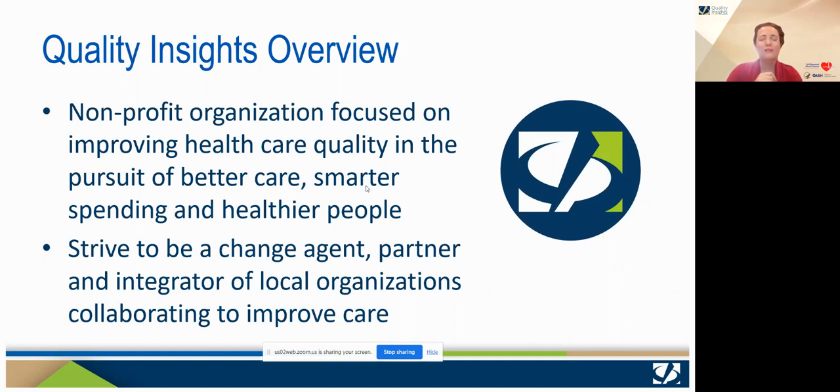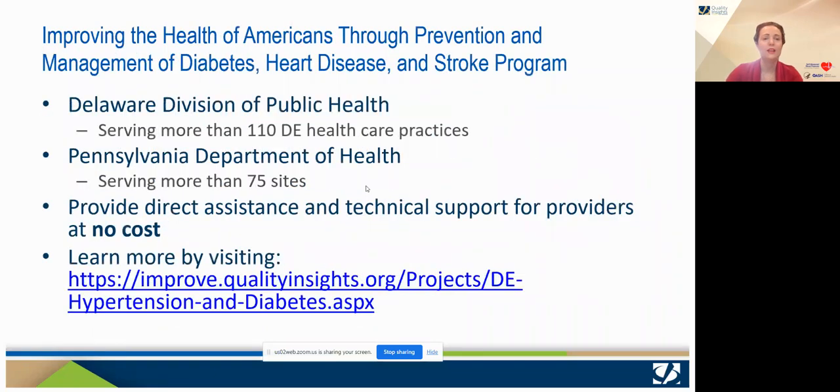We strive very much to be a change agent and partner that works with local and federal organizations and collaborates to help improve care. As such, we do a lot of work with Division of Public Health in Delaware and also the Pennsylvania Department of Health.